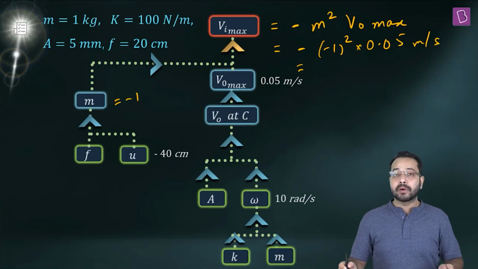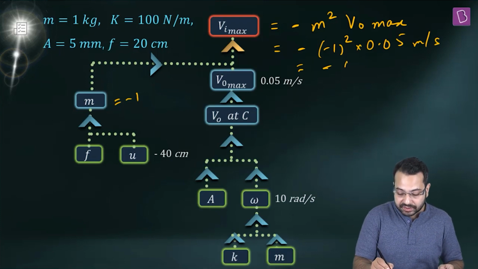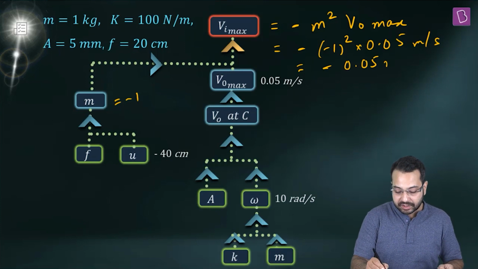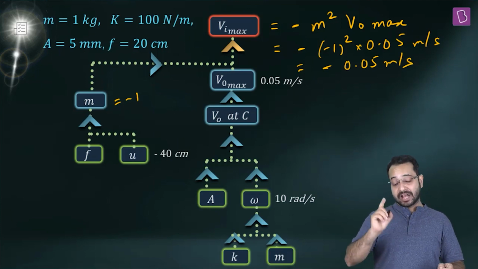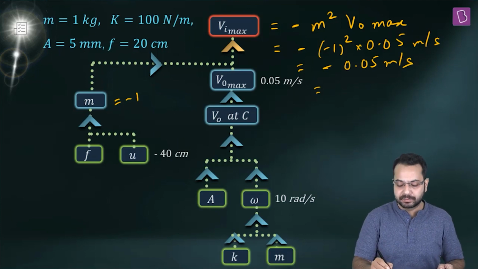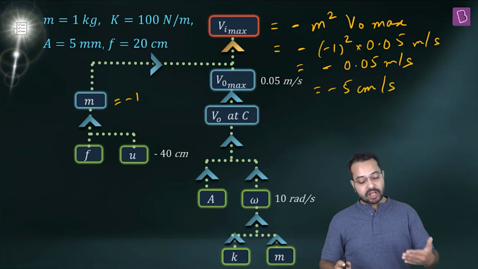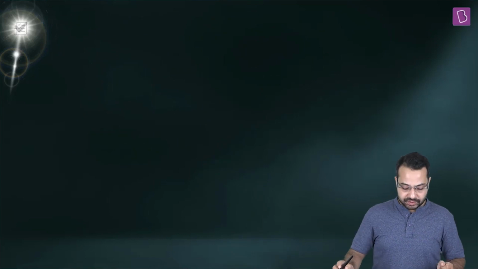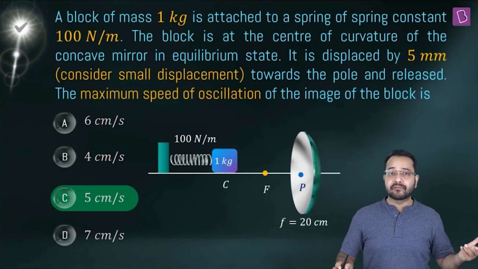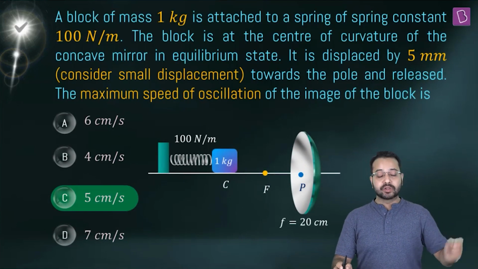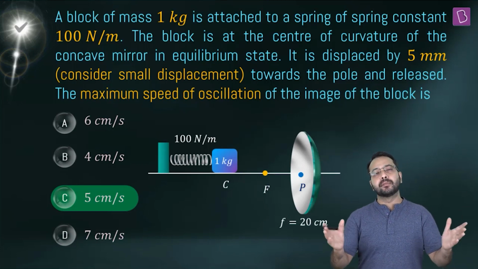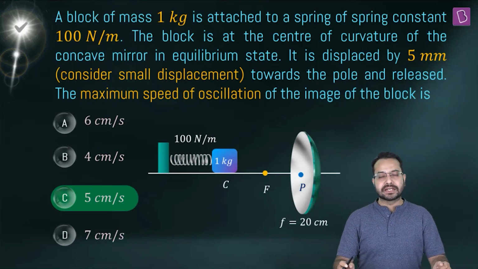So this is going to be minus 0.05 meter per second. But the answer has to be given in centimeters per second. So I can say this is minus 5 centimeter per second. All right. Now let's have a look at the options. We only have to tell the magnitude or the speed. So the speed is going to be 5 centimeter per second. And our question is solved.